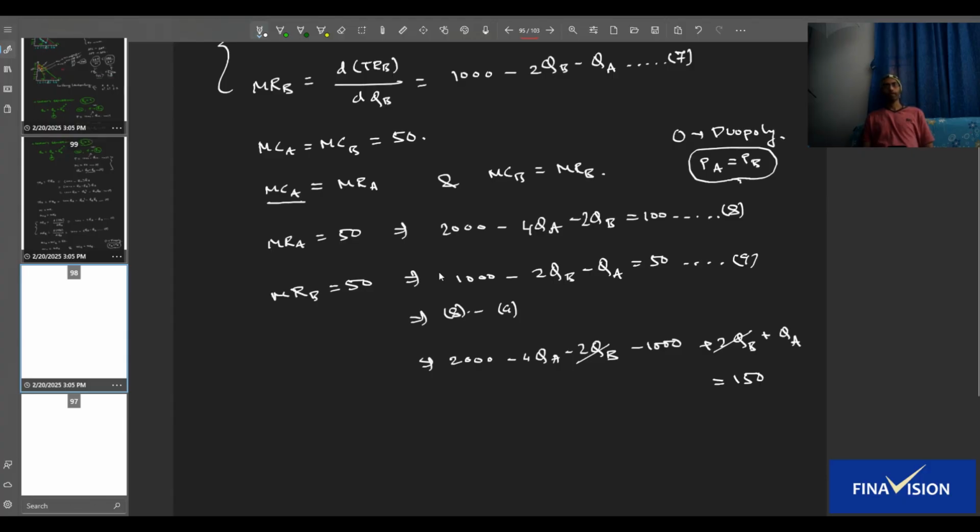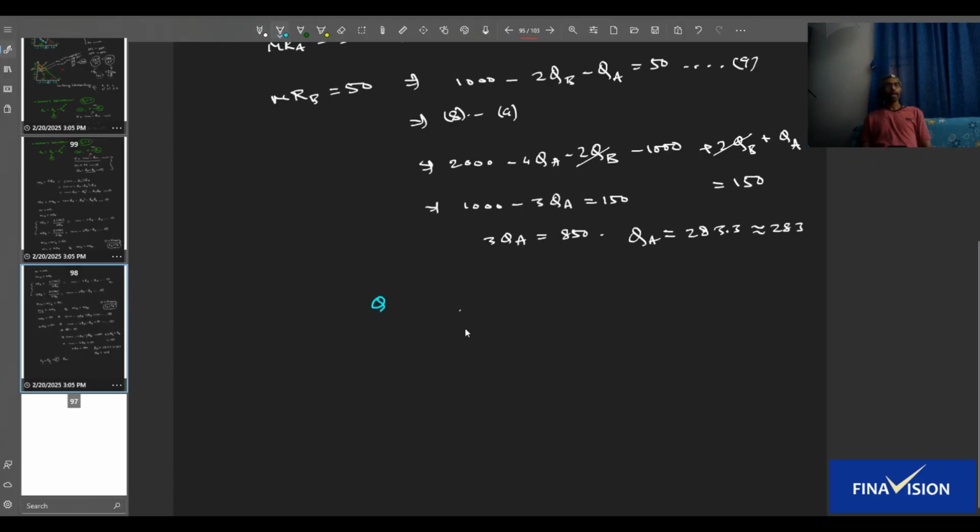We have 1000 minus 3QA is equal to 150, or 3QA is equal to 850, or QA is equal to 850 by 3, which is 283.3, which rounds off to 283.